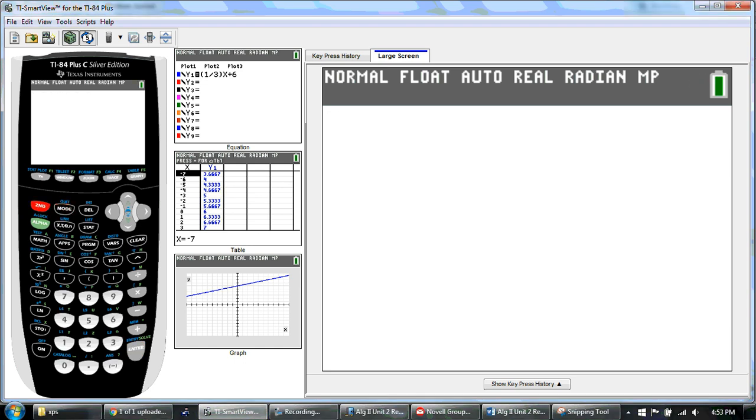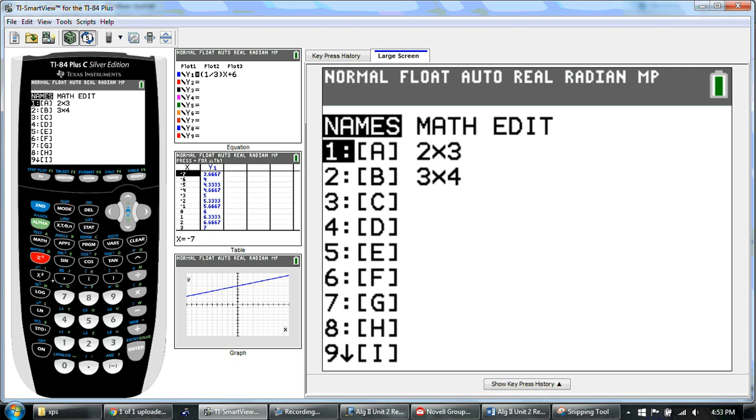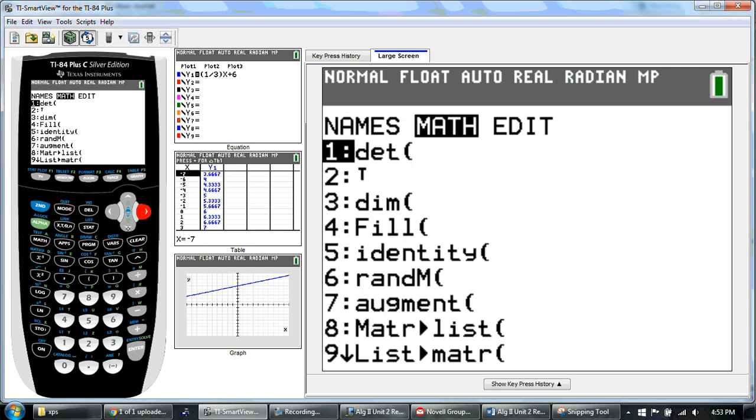So I'm going to quit this screen. I'm going to go back into second x minus 1. I'm going to go to math, and I need to find the RREF.